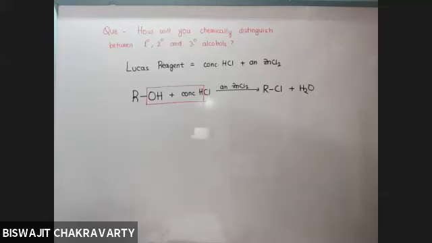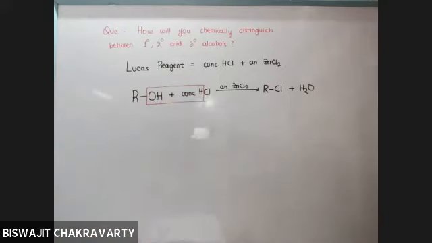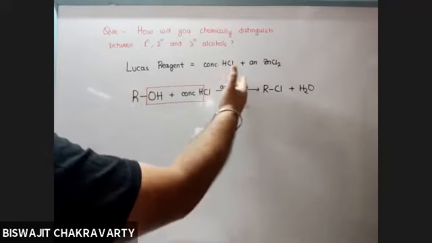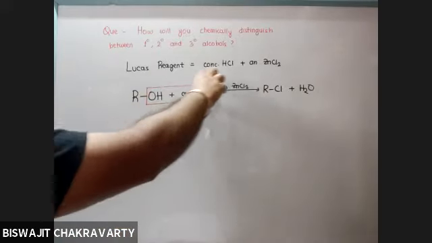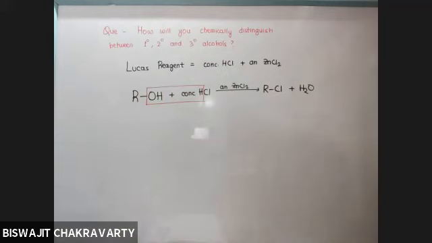Now you know that ROH, alcohols are soluble in water, RCl is not. So when you take ROH in concentrated HCl, because alcohols are soluble in water, you get a clear solution initially, but slowly after the alcohol is treated with this Lucas reagent, it is getting transformed to RCl, which is insoluble.